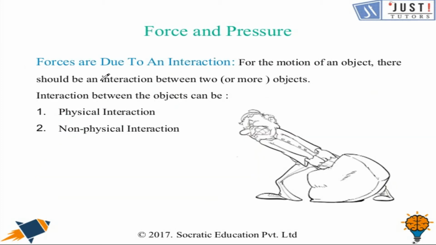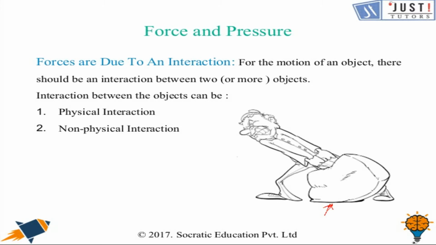Next is forces due to an interaction. First of all, we must know what is an interaction. Interaction is like contact between two things or two objects. So let us assume a box kept on horizontal ground, or a bag. You can see in this picture a man is trying to lift it up or move this bag. Will the bag move by itself?